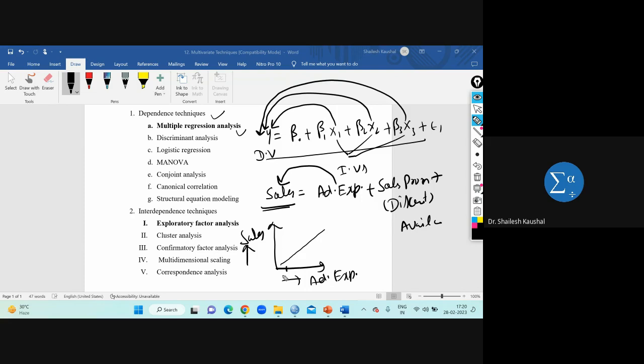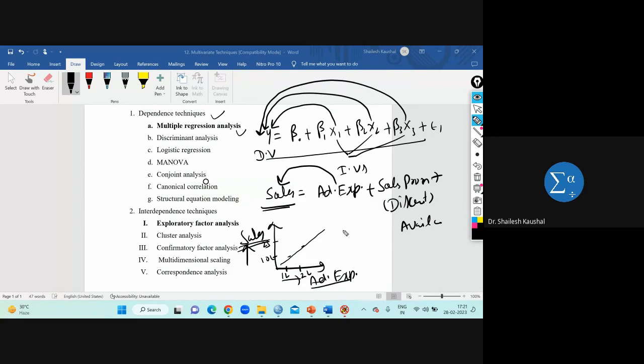Here, when our advertising expenses are 1 lakh rupees, the sale is 10 lakh. When we increase the advertising expenses to 2 lakh, then the sale may be 25 lakhs. It means there is a positive correlation between the advertising expenses and sales.